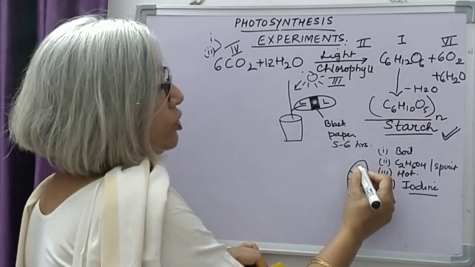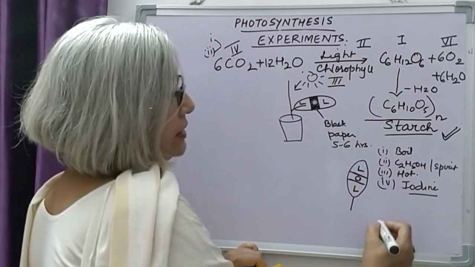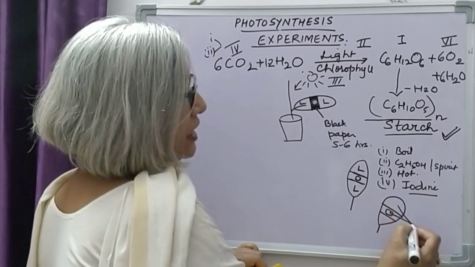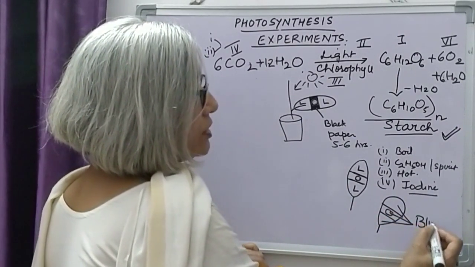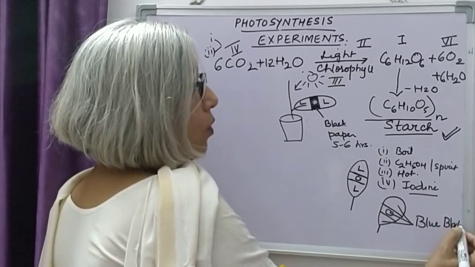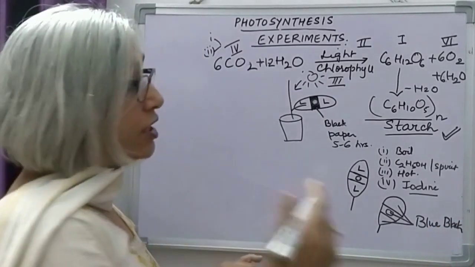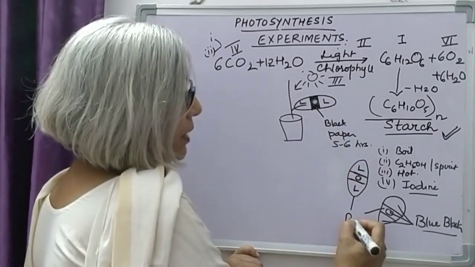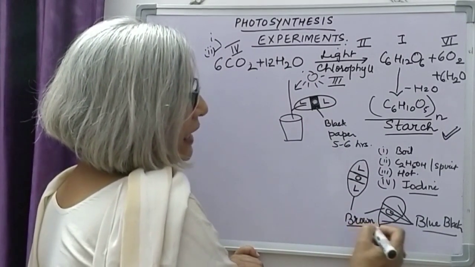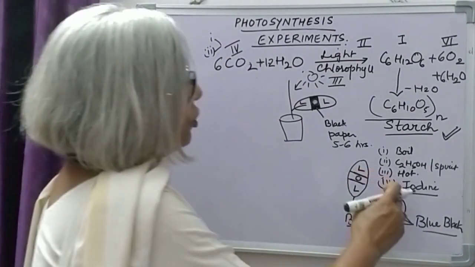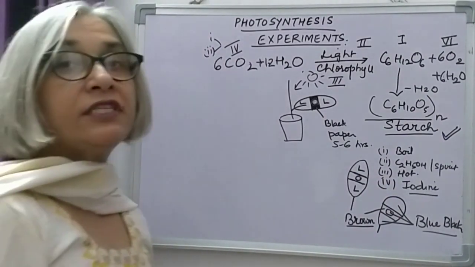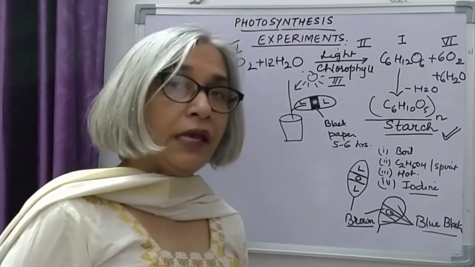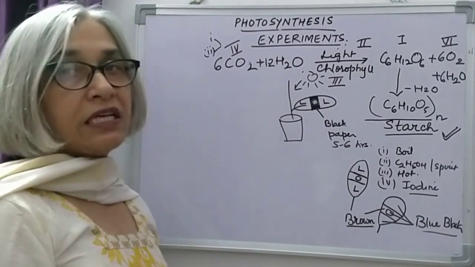So after the test we see that these three portions that were getting light have turned blue-black on testing with iodine, whereas the portion that was under the black paper has become brown, clearly indicating that only those portions of the leaf that received sunlight were able to synthesize starch, and the portion that did not get light could not synthesize starch.